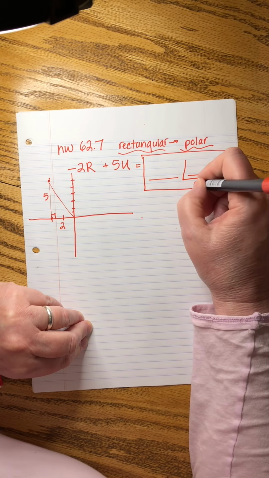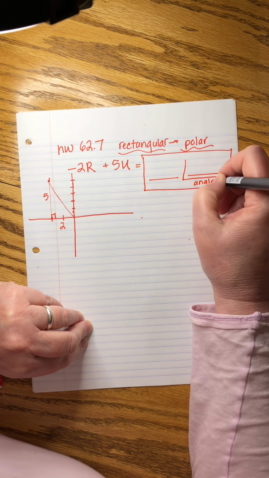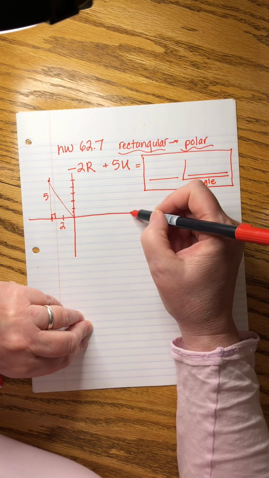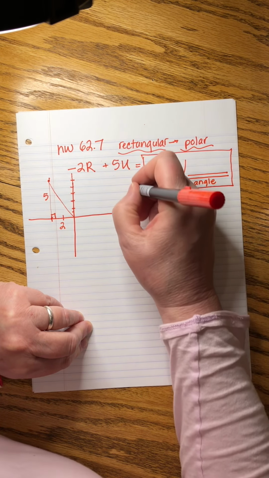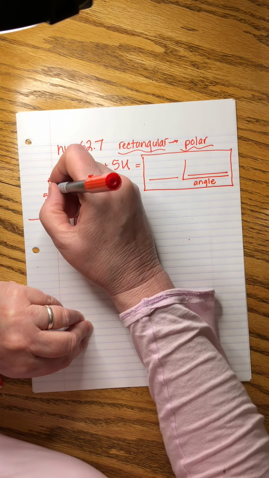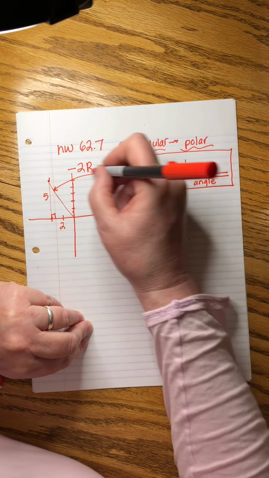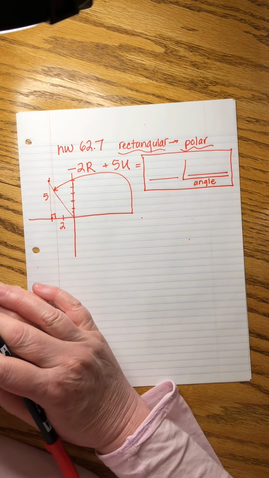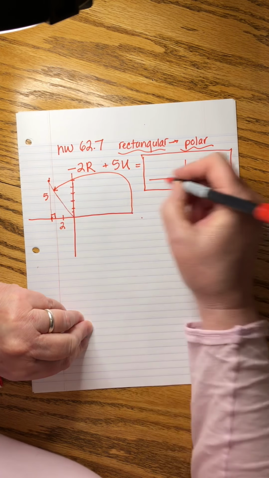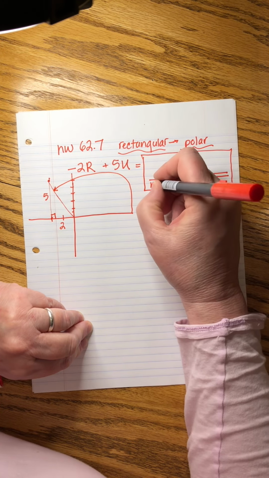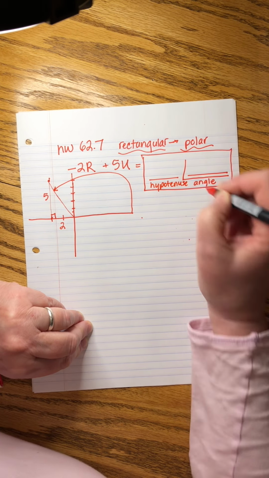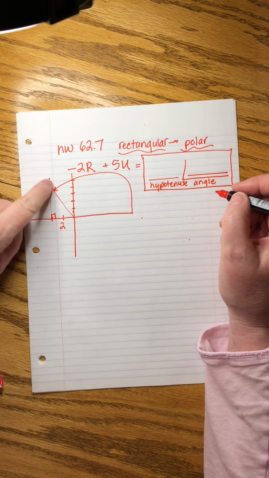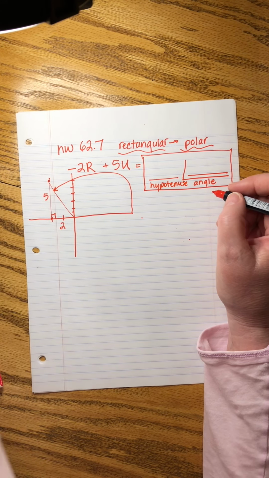This one is the angle, or sometimes we call it the direction. We start measuring it here, and we're going to want it to come back and end. I'm just going to draw it. The angle is going to tell us how far to go like that, right? And then this is the distance or the hypotenuse. So we're going to have to figure out how long that is, all right?